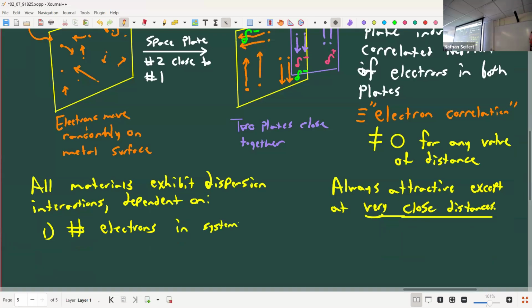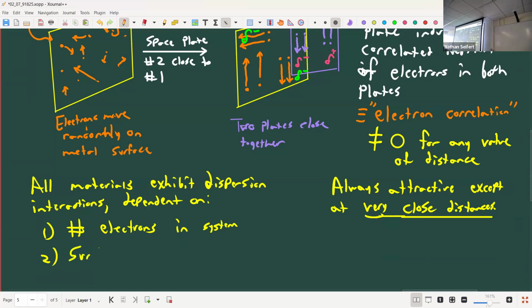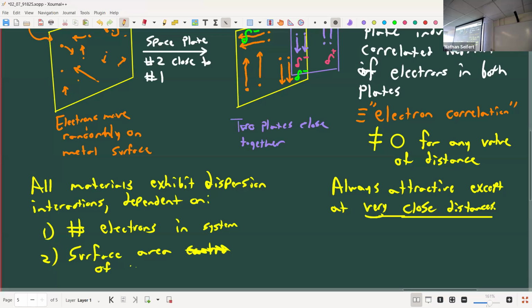A 10 electron atom will attract a 5 electron atom more than a 5 electron atom will. And what we call the surface area of contact. The more contact area, the stronger it is.